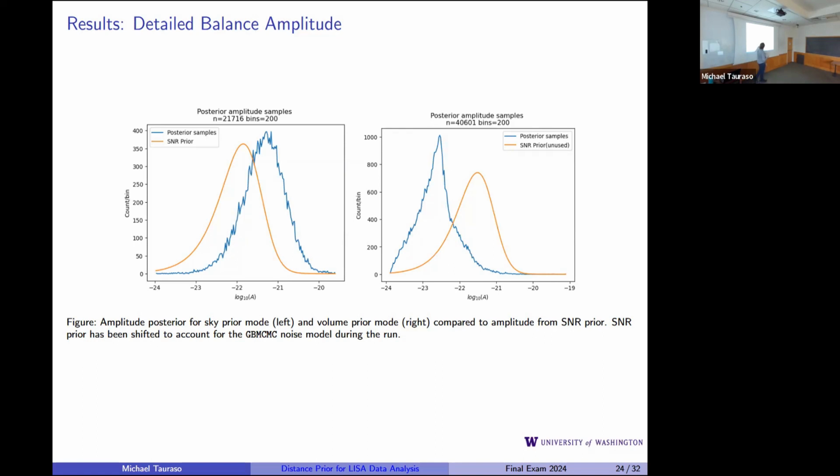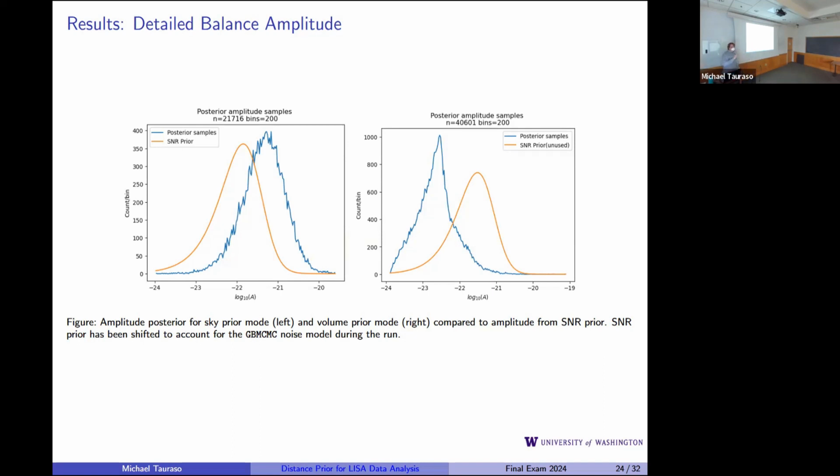So a lot of what it's considering at any given time, if it doesn't have a likelihood to tell it no, that's not there, is stuff that's further away and lower amplitude. So it does have this change. And it's nice that we can see that this is not the same shape as the SNR prior.